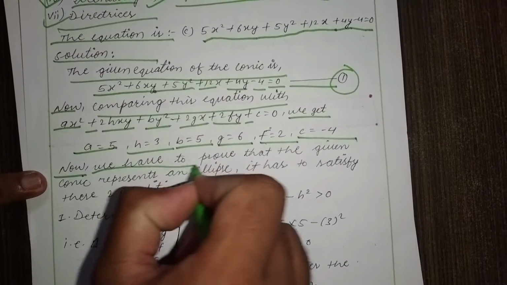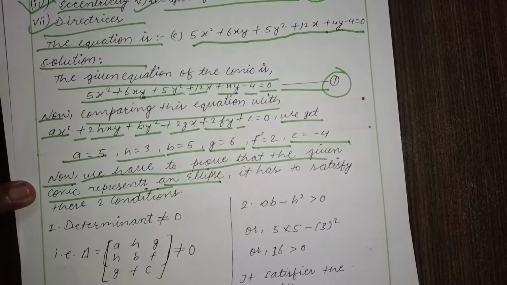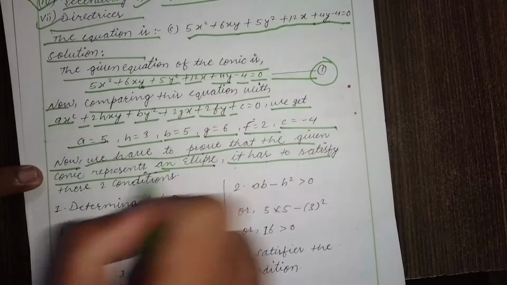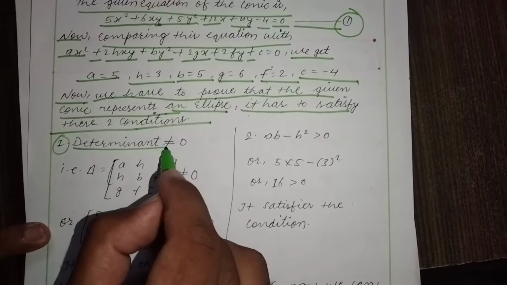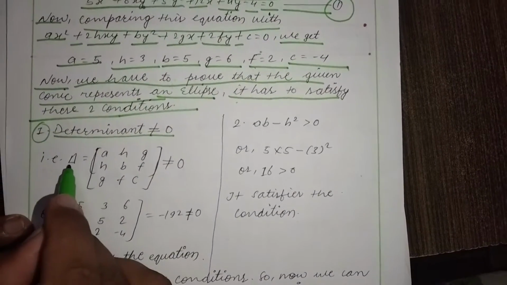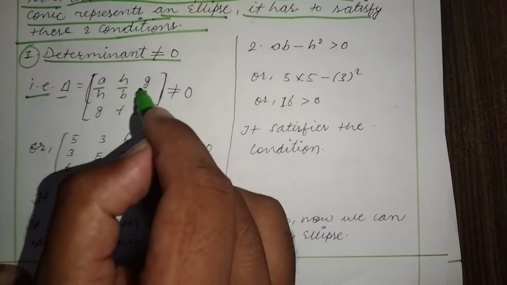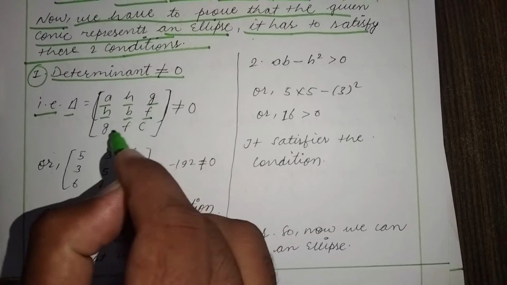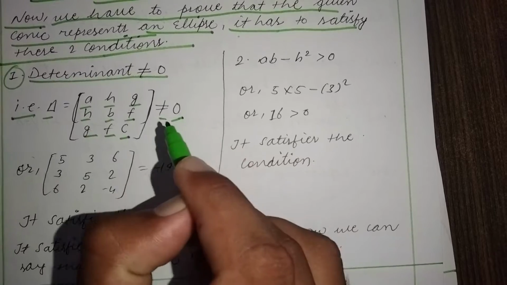Now we have to prove that the given conic represents an ellipse. It has to satisfy these two conditions. Number 1 is the determinant, which is not equal to 0. That is, determinant equals the whole bracket a h g, h b f, g f c, which is not equal to 0.